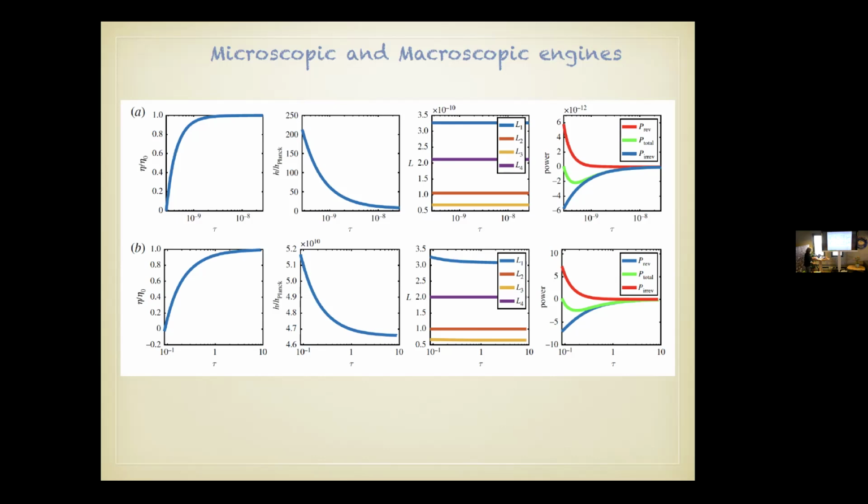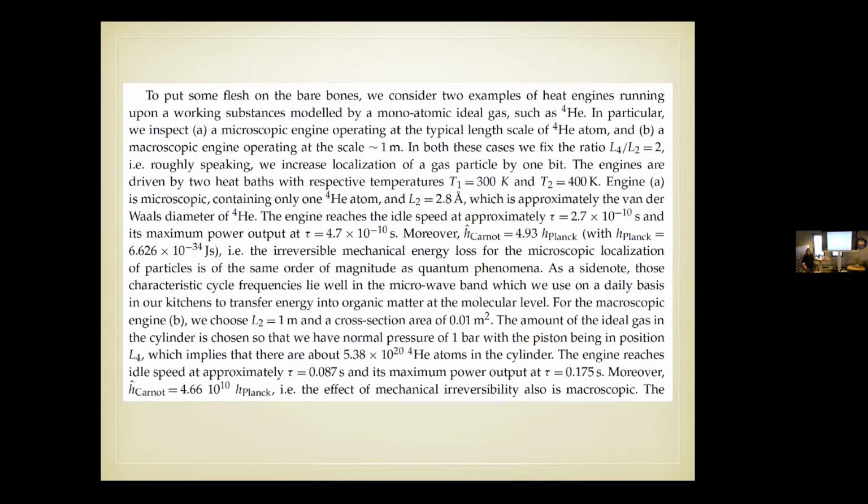And just for curiosity's sake, we looked at two machines: the macroscopic machine, which would be something like a big bicycle pump with a cylinder that is 1 meter high, I think, and another machine where we think of a piston which only contains one helium atom and has a length of 2 classical helium diameters, so a very tiny machine.